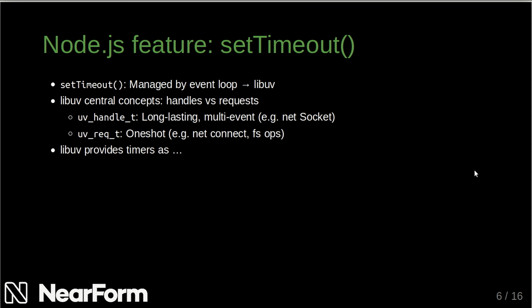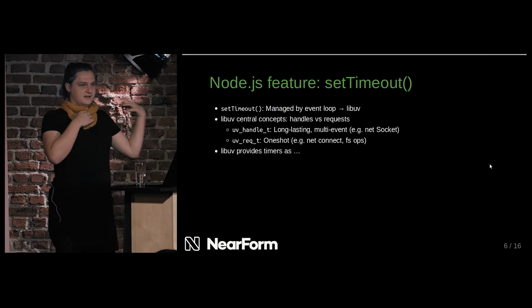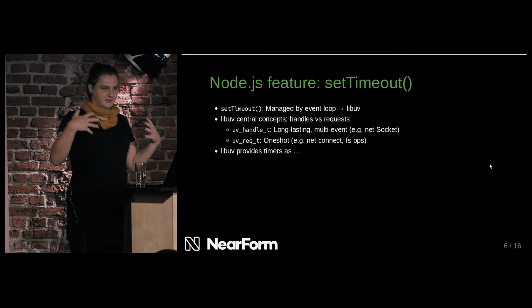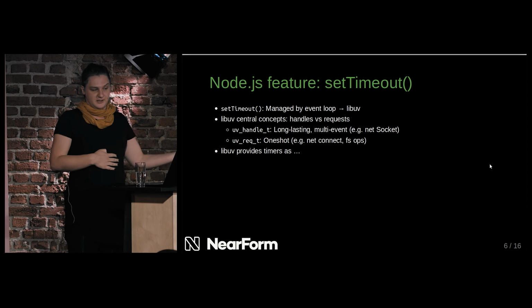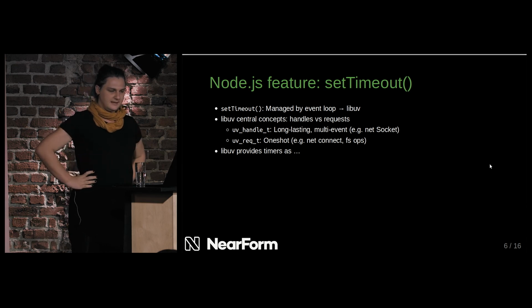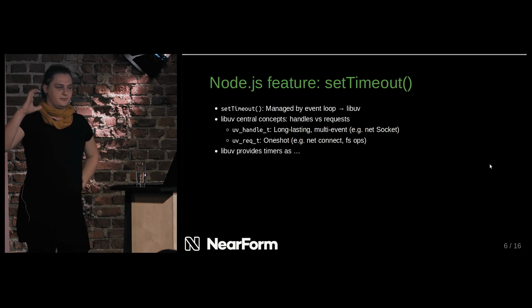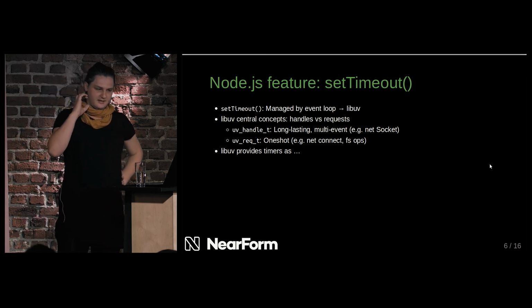Handles are things like network sockets or file system watchers that emit multiple events over time, like incoming data for network sockets. Requests are one thing that's happening and that has one result, like file system operations or writing data to a stream.